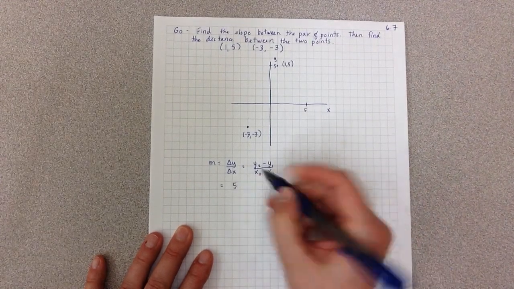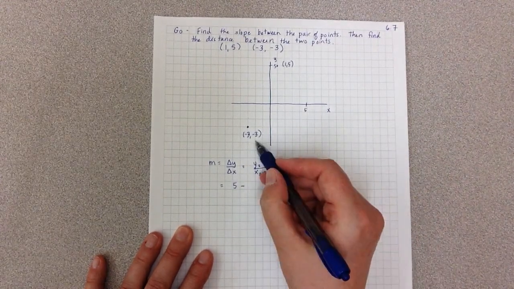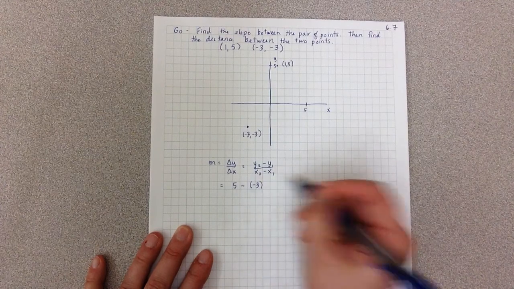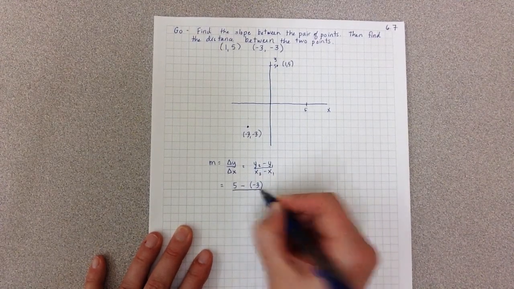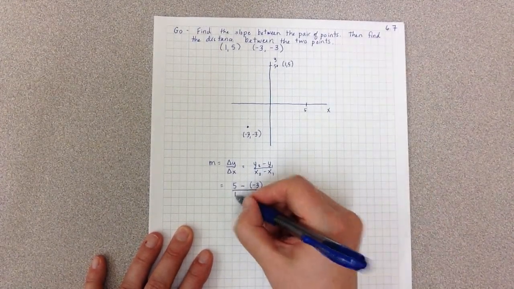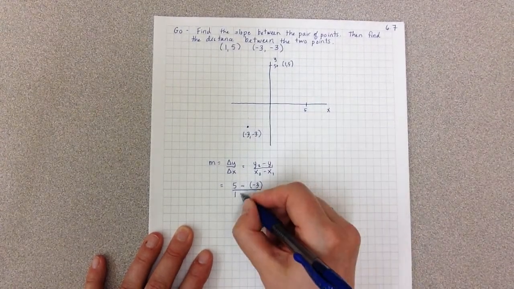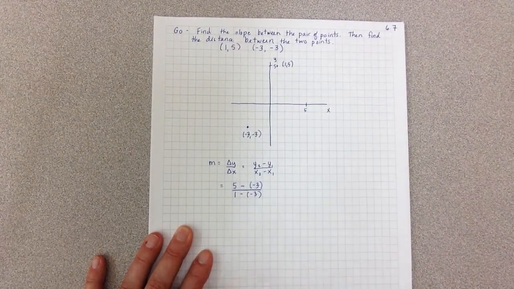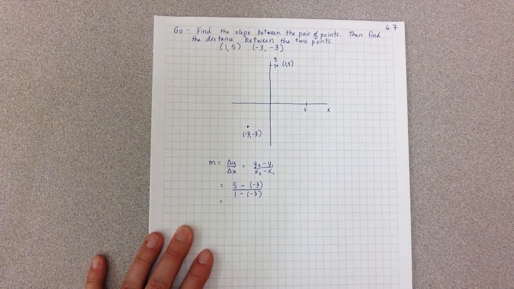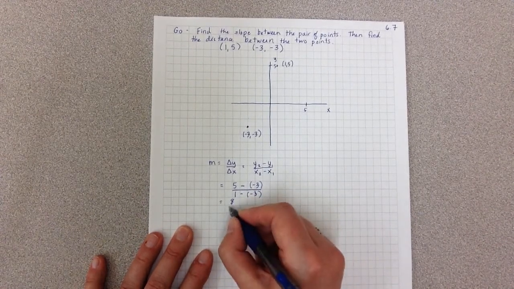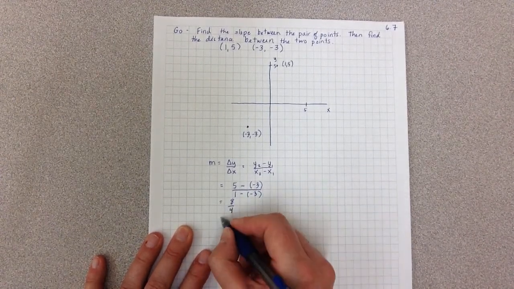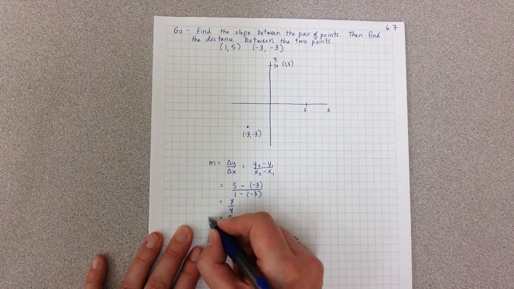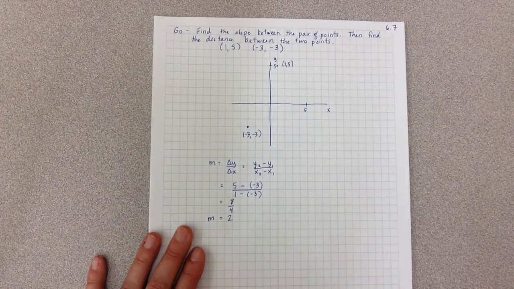So 5 is the y, minus -3 is the y of my second point, 1 is the x of my first, and minus -3 of my second, which gets me 8 over 4, which reduces to 2. So in this case, my slope is 2.